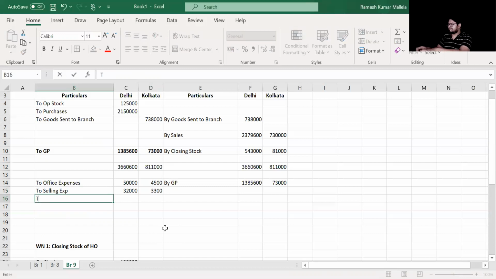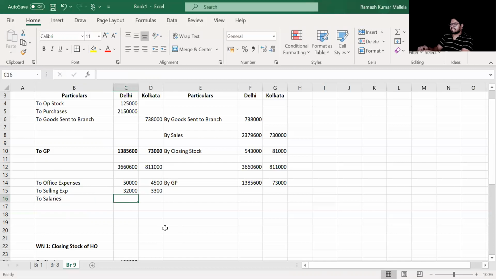Then you have staff salaries. Salaries, it is given as 45,000 and 8,000. Okay. I think these are the only expenses which are given.